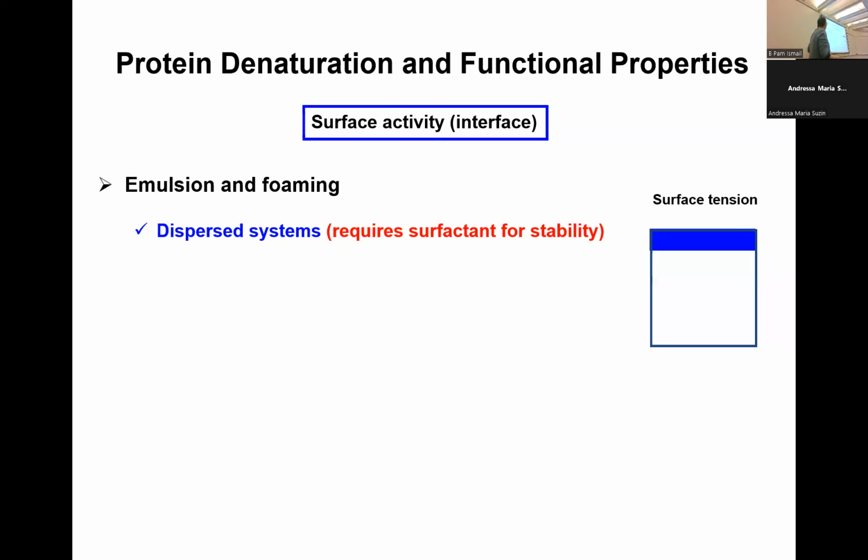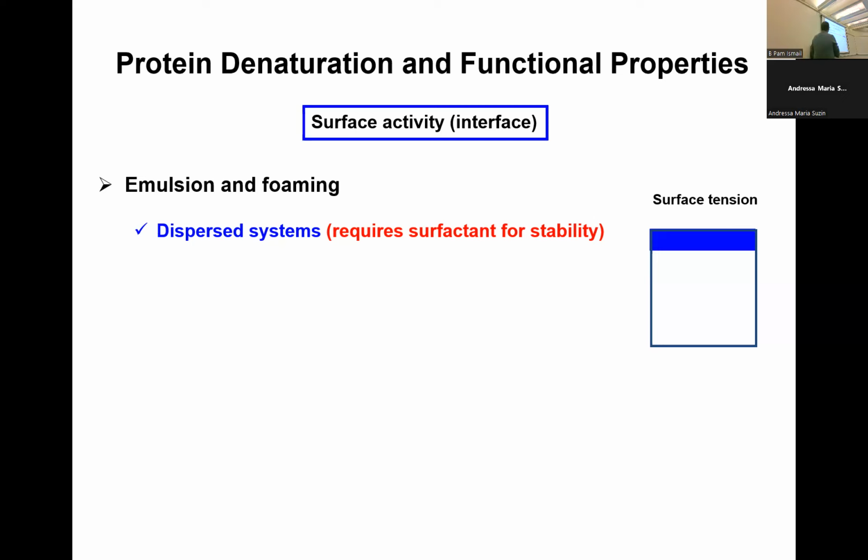Okay, I think we stopped last time when we were talking about emulsions. You all studied solubility and dilation for the exam, so I'm not going to do a recap there. So, emulsions and foaming: this is the surface activity potential of proteins.